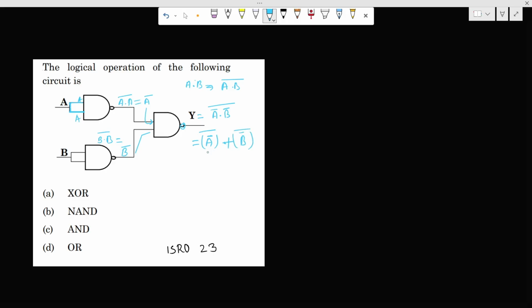Here input 1 is A bar, input 2 is B bar. So double bar cancels. Here we get A and here we get B. So plus, here it is a plus operator, or an OR operator. So basically this function works as an OR gate. So option D is correct.